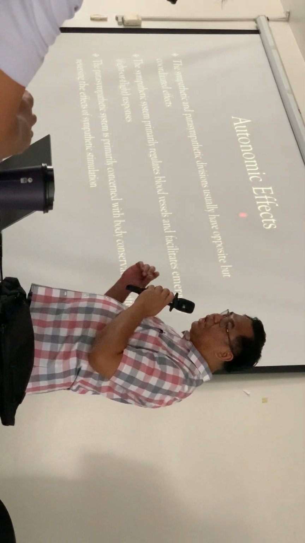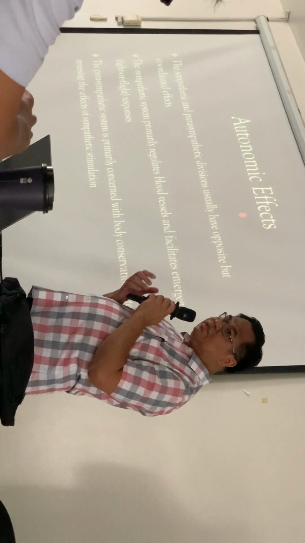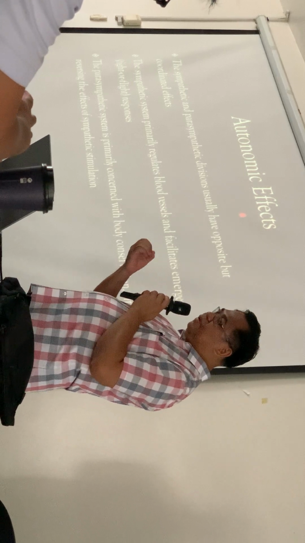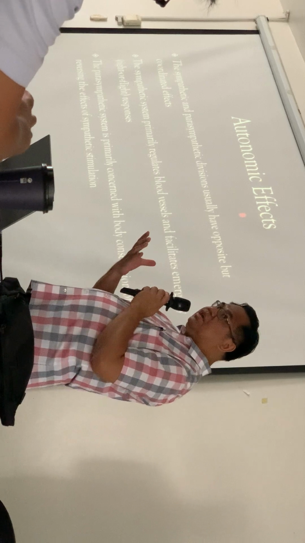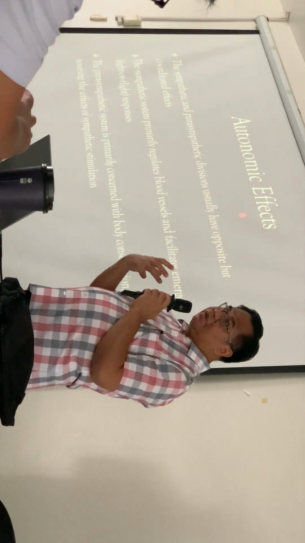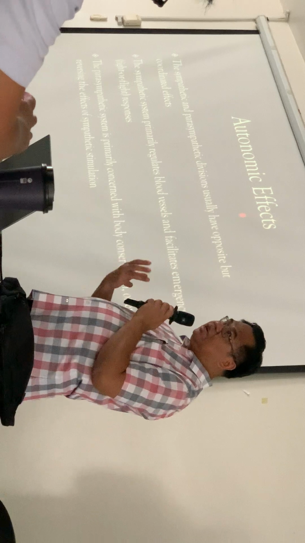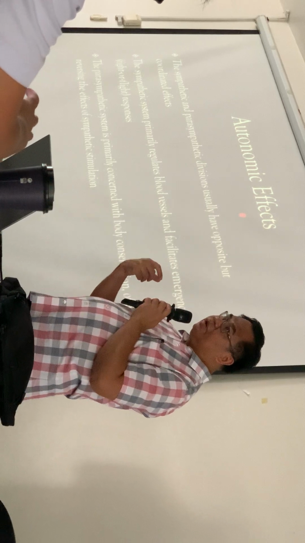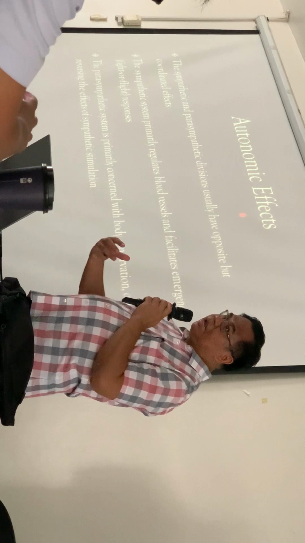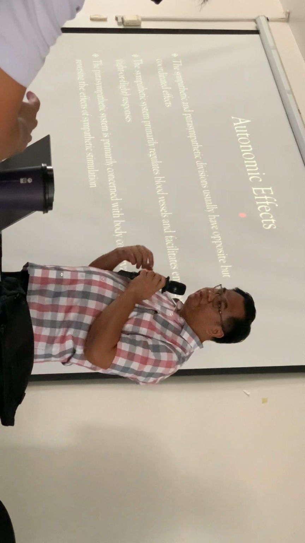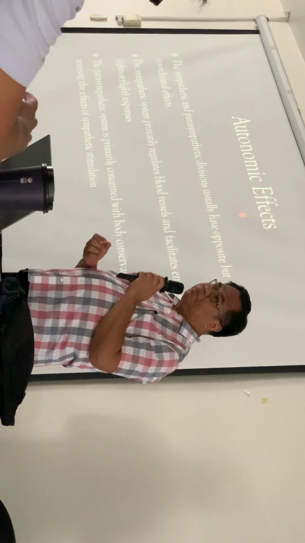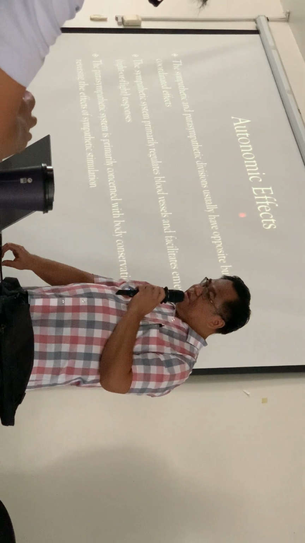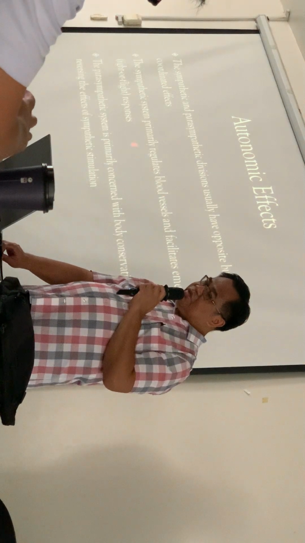If an animal is frightened, the sympathetic nervous system is activated, the blood vessels will dilate, the heart will have increased contractility and increased heart rate, and the muscles will have more blood supply in order to allow the animal to fight or flee from that stressful or frightening situation. So that's the sympathetic nervous system.